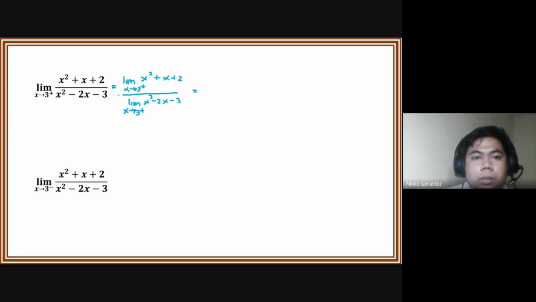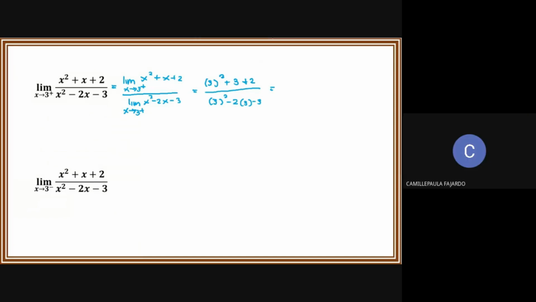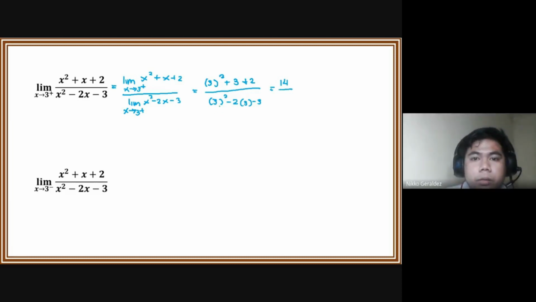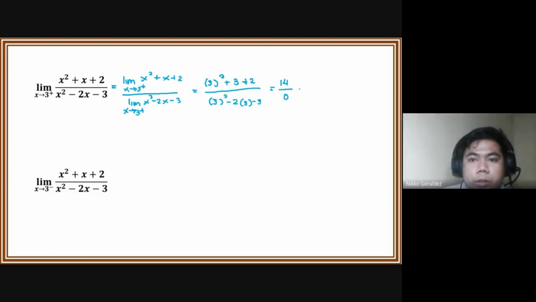By substitution, 3 squared plus 3 plus 2 over 3 squared minus 2 times 3 minus 3. In the numerator, 3 squared plus 3 plus 2 is equal to how much? 14. Positive 14. Then the denominator, 3 squared minus 2 times 3 minus 3, equals 0. So 14 over 0.